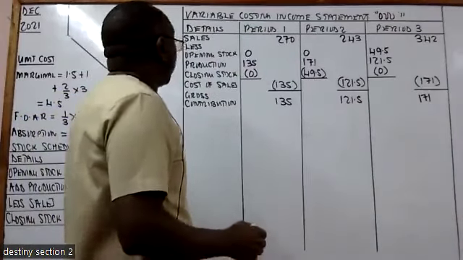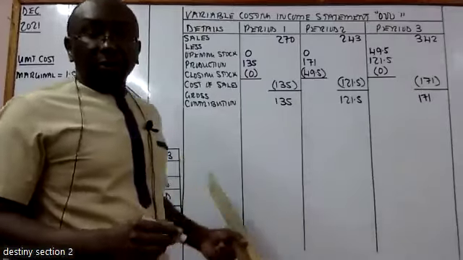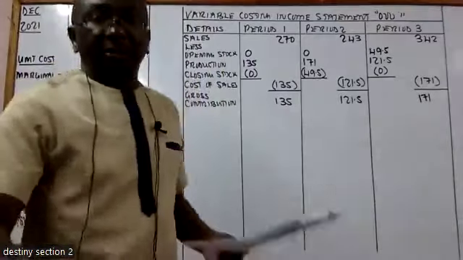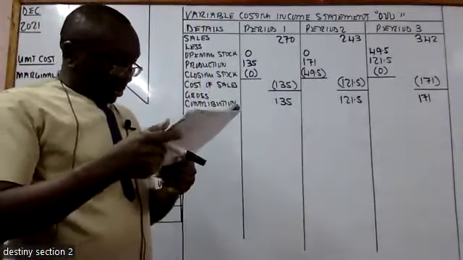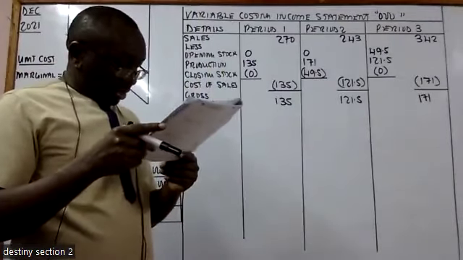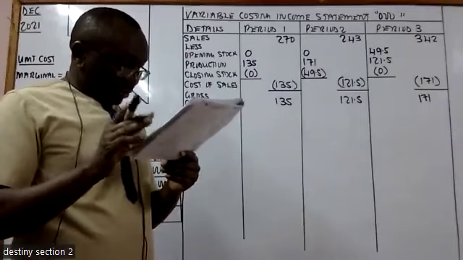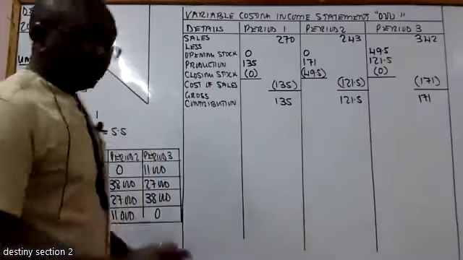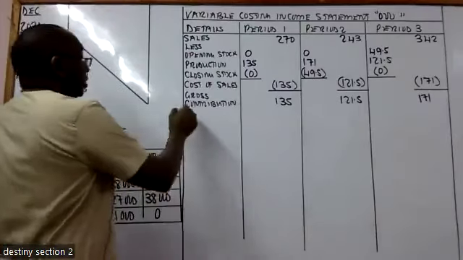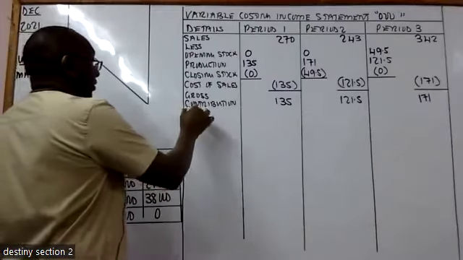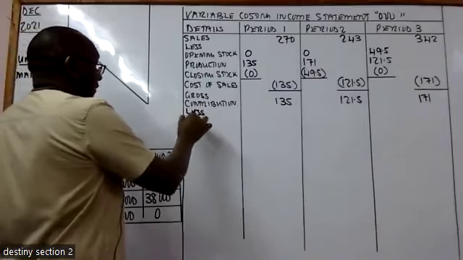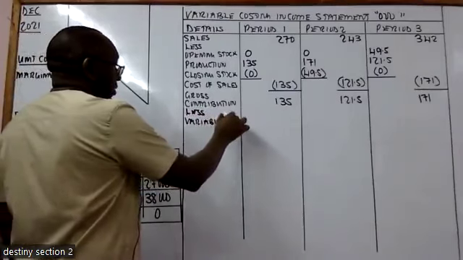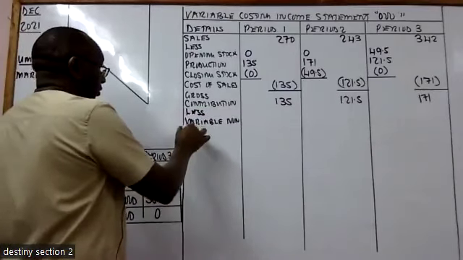Now kutoka hapo, you less the variable non-production. Let's see whether we have non-production. Let me write the format so that when you see it, you say less variable non-production costs.